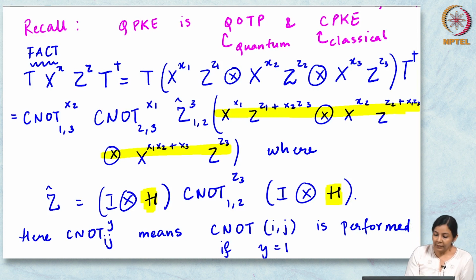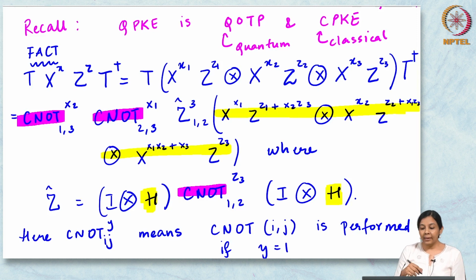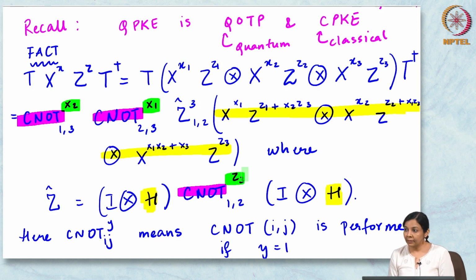And where I am going with this is that basically the gates that we do not quite know how to do are these, right. The crucial observation that was made by the author is that the control bits of these gates are actually all classically encrypted.